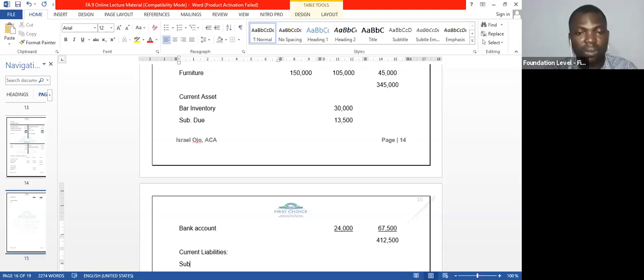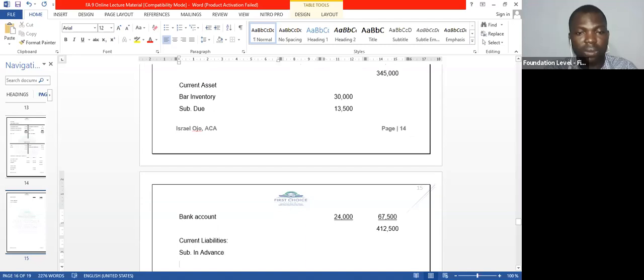What else do we have? We have rates owing. I think that should be all. So subscription in advance is 750, and like I said, rates owing is 6,750.